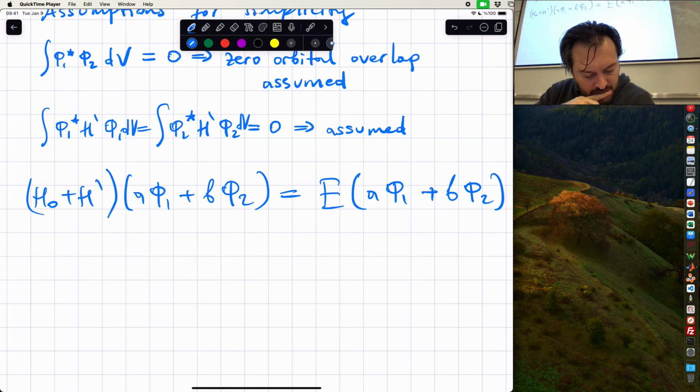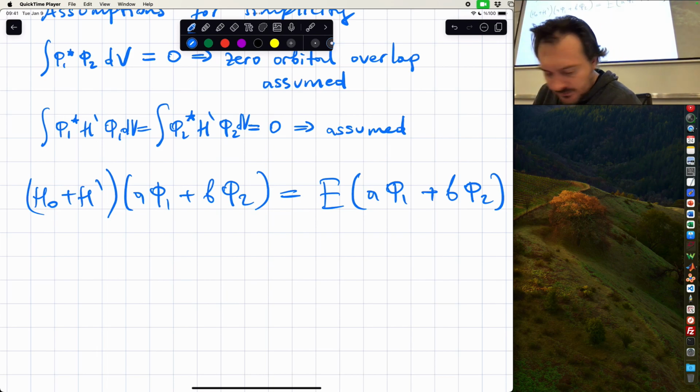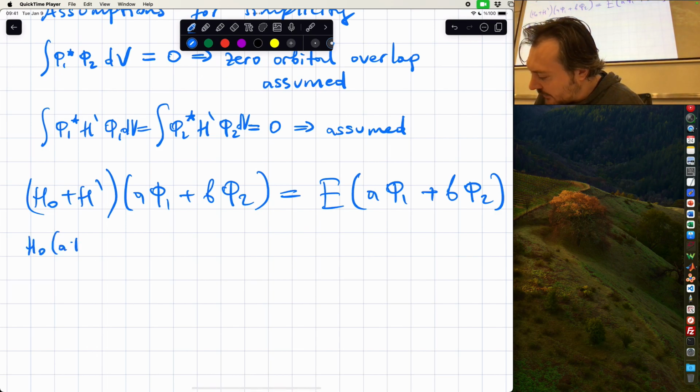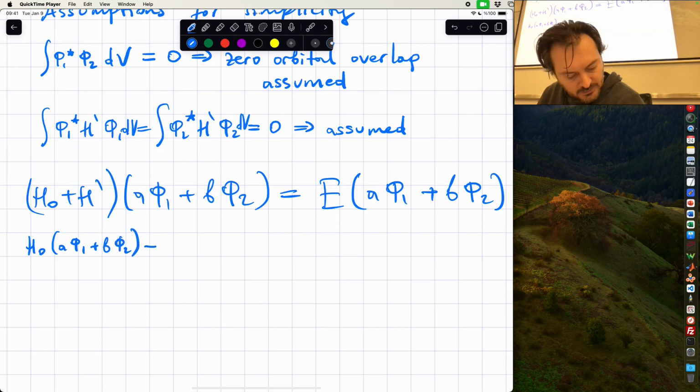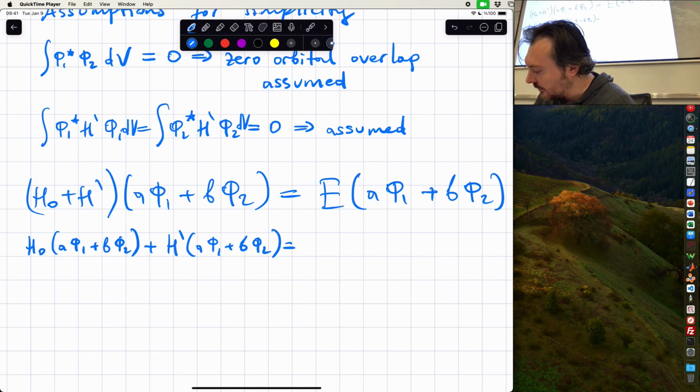So let me just go ahead and open it up. H0 times A phi 1 plus B phi 2, plus H prime times A phi 1 plus B phi 2, is equal to E times A phi 1 plus B phi 2.